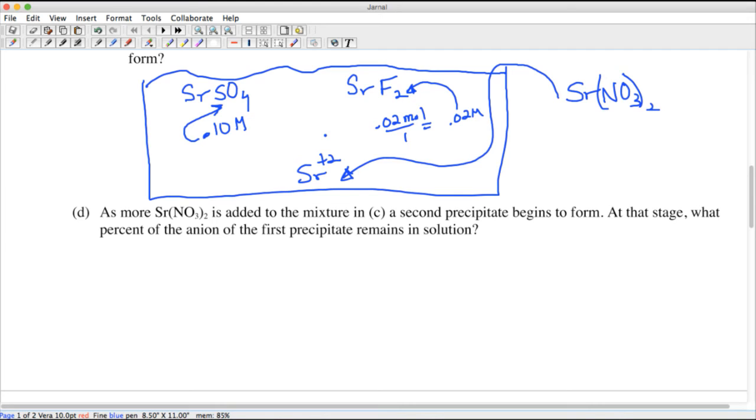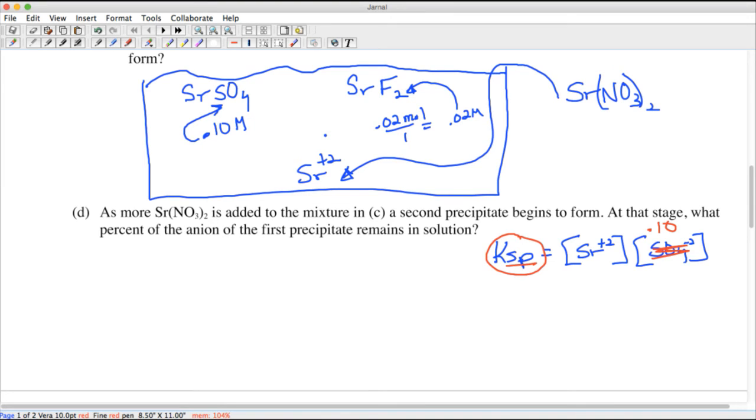Okay, well, if we know the KSP, which we do, let's do the strontium first. And this is going to be the strontium ion concentration, plus 2, times the sulfate, negative 2. Okay, well, party people, this concentration right here is 0.10. The KSP we know. Okay, we got that, and that's actually up on the first part.